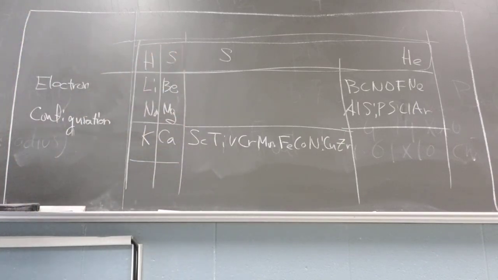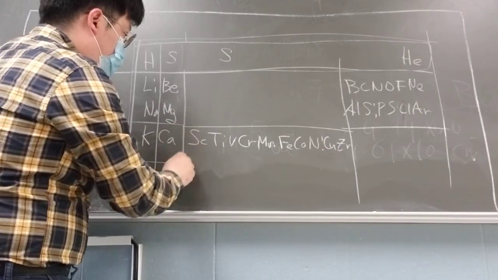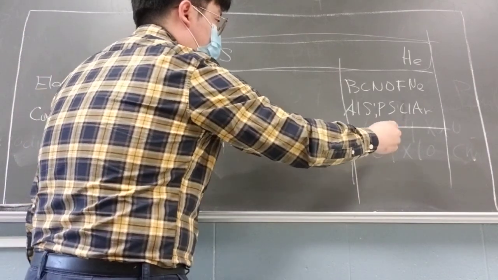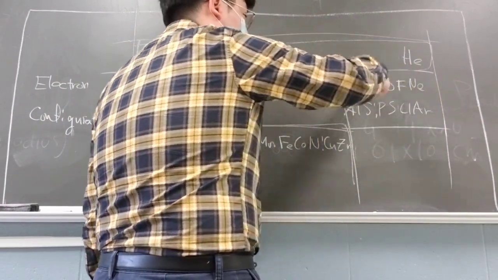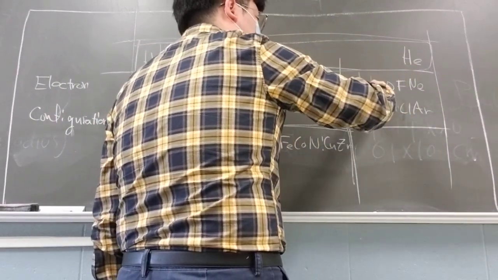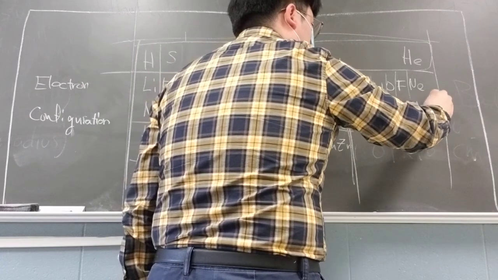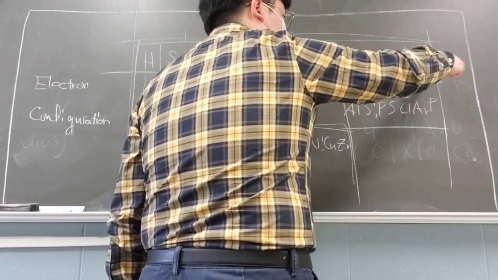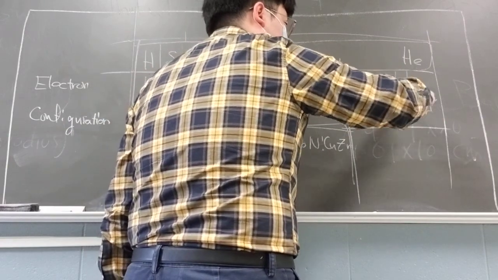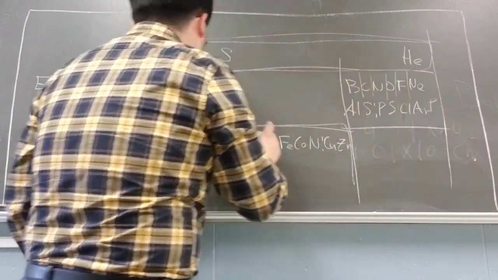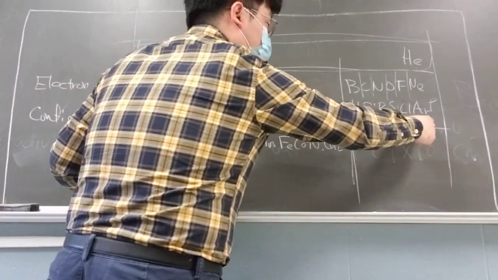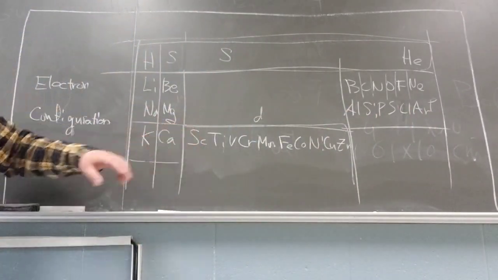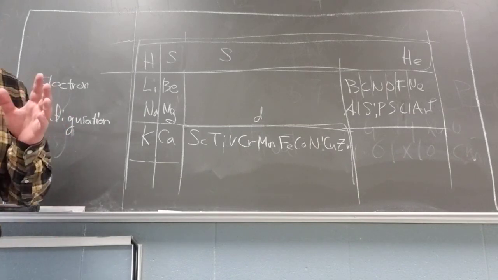Then there's a big block, which is the P block: the last six columns, except the first period, where helium is still S block. From the second row, the last 6 columns are P block. And between the S and P blocks, there's the D block.